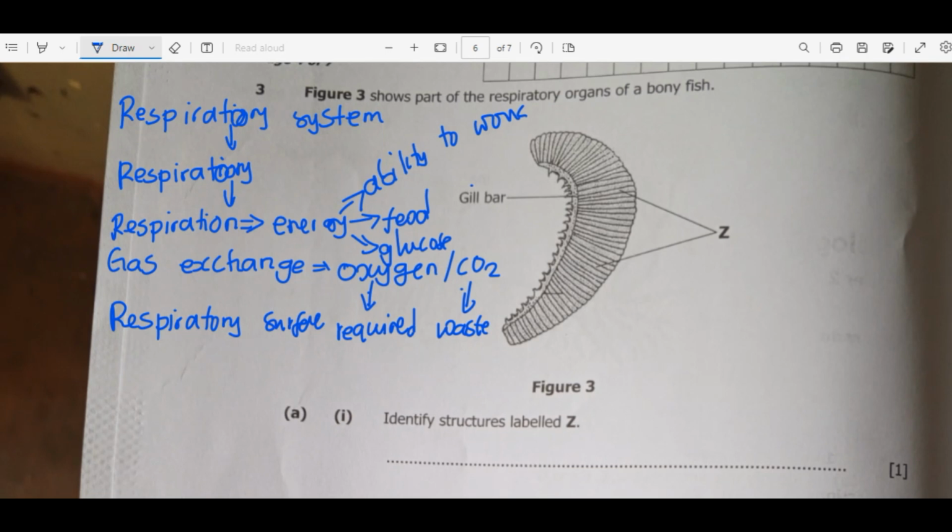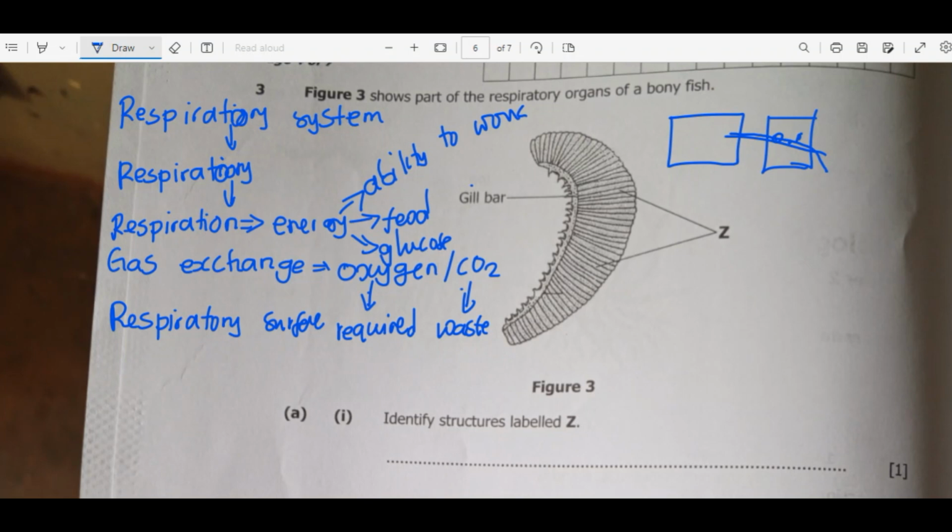The other thing we can compare is that for respiration in fish to take place, water must enter the fish. If this is water, then this is a fish here. Whenever water passes through the fish, the oxygen must diffuse into the bloodstream of the fish, while the carbon dioxide must diffuse out of the fish. This process is the gaseous exchange we earlier looked at.